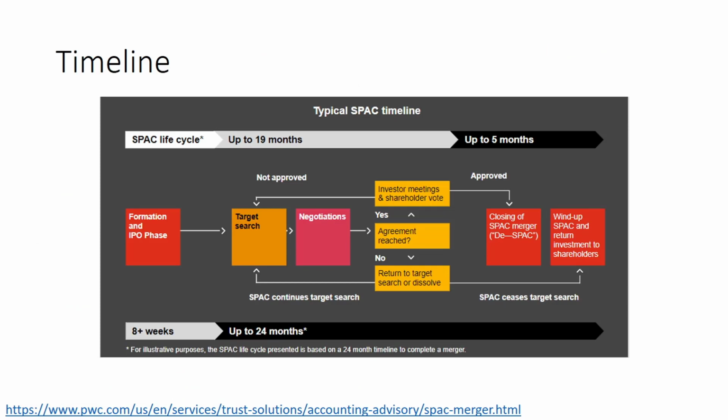So how is a SPAC happening? We can say that a SPAC is created, they are IPOing themselves on the market to make it already publicly listed. Then they are looking for targets, negotiating, and if they are able to achieve some agreement, and the shareholders of the SPAC are also happy with that, then they will approve it, and this will be a merger, and after that the SPAC will lose its entity and they will become the new company.